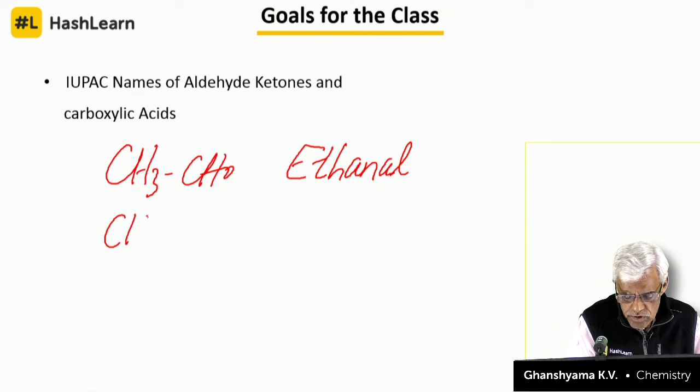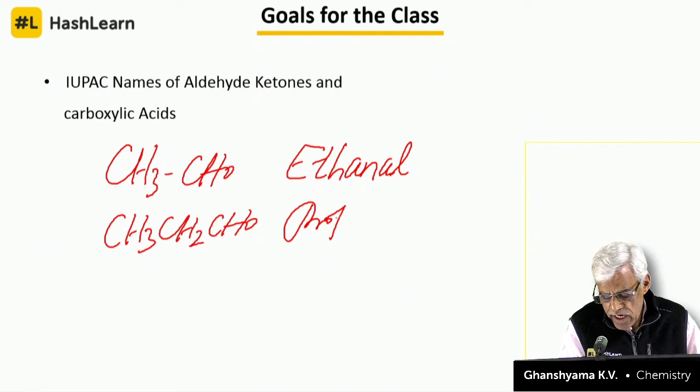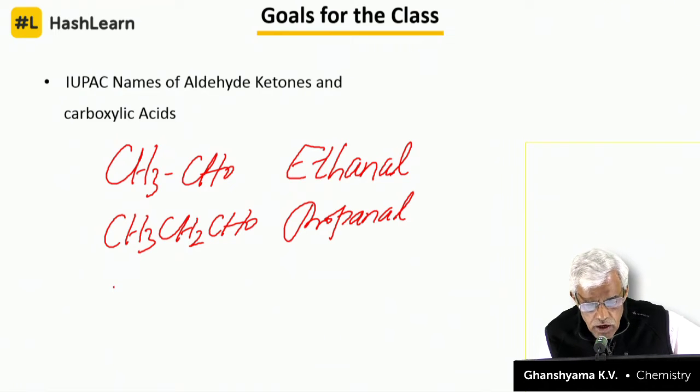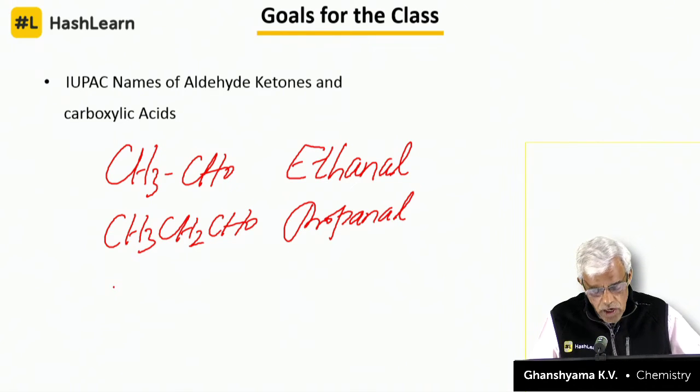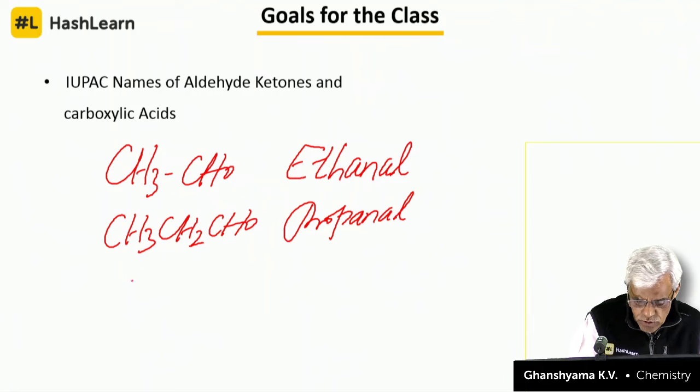Still I would like to write CH3CH2CHO is propanal. So in this way you can write the names of other aldehydes and ketones. I have a few aldehydes and ketones here.